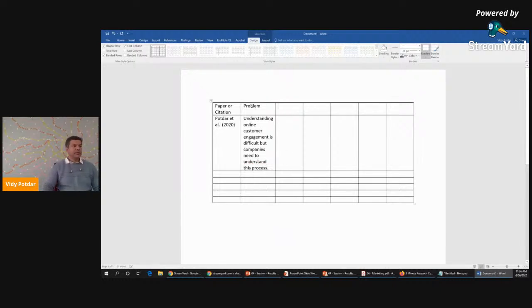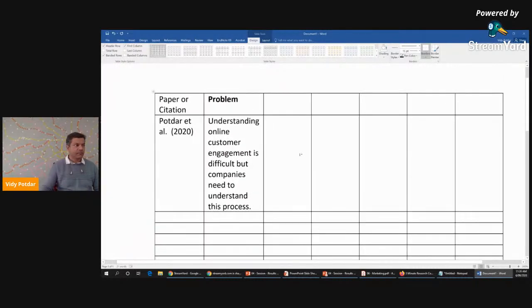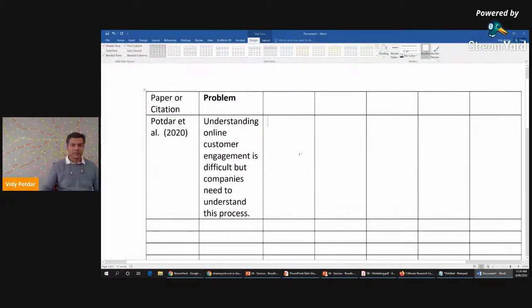Okay, so this may be the problem statement. I don't remember exactly the problem statement that I had in that paper, but let's assume this was the problem. After reading the abstract, you synthesized the problem and wrote it in this format.